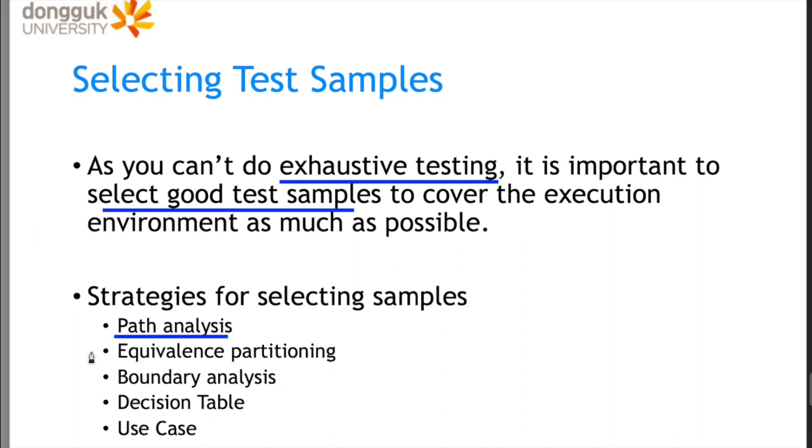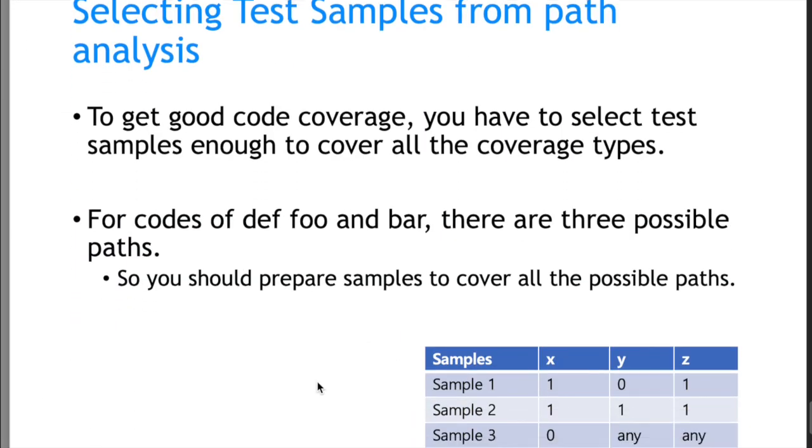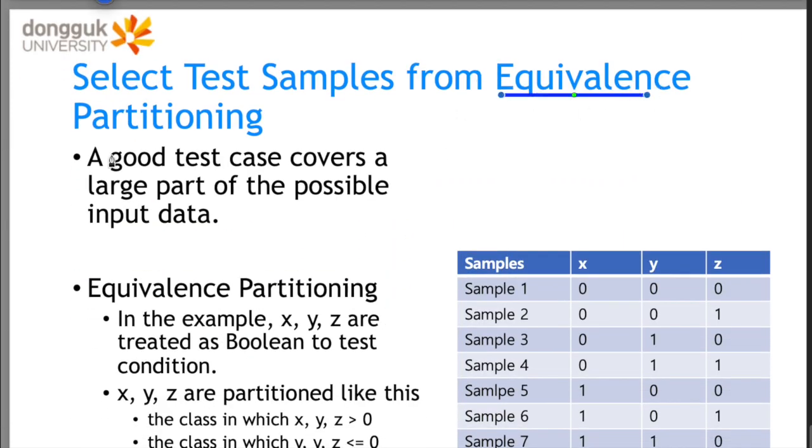Another method is like this: equivalent partitioning, boundary analysis, decision table, and use case. Here is the method for test samples from path analysis, and the other method is equivalence partitioning, okay? So that is simple.